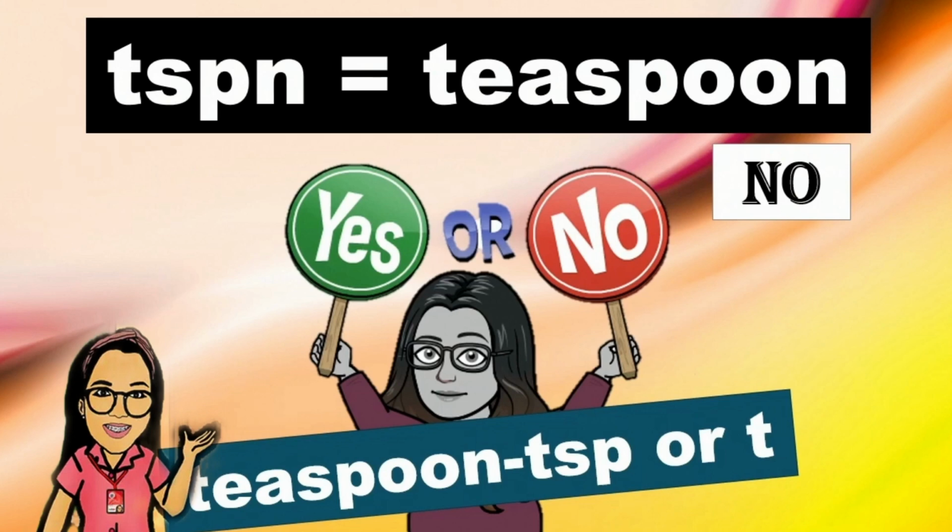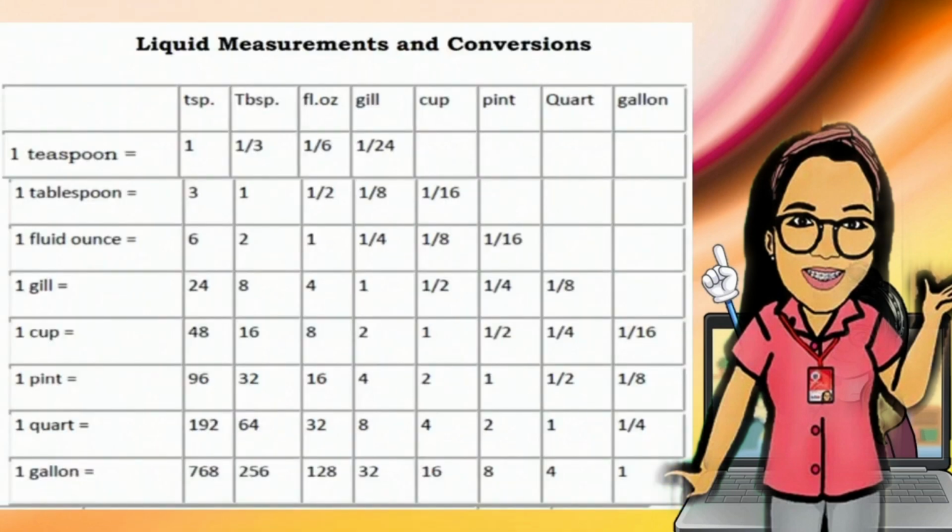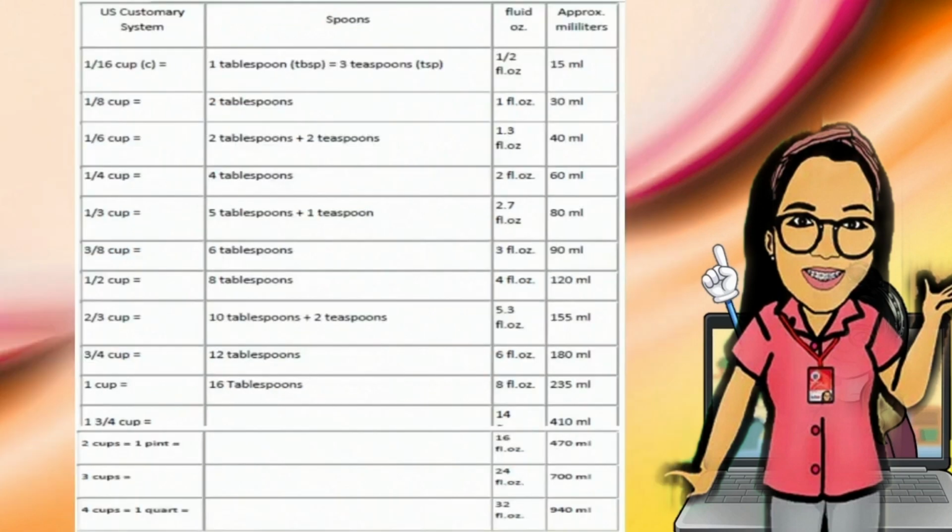Ito ay dapat niyong pag-aralan. Narito ang mga ibang halimbawa nito. Screenshot me and send to your ICT teacher this picture for you to get the link of your short quiz.